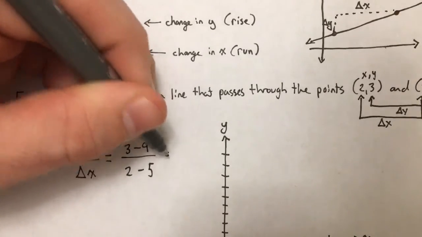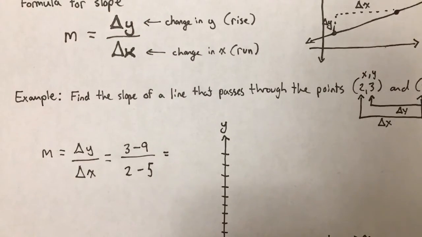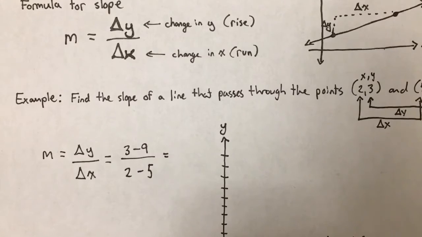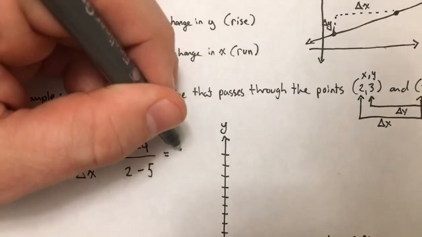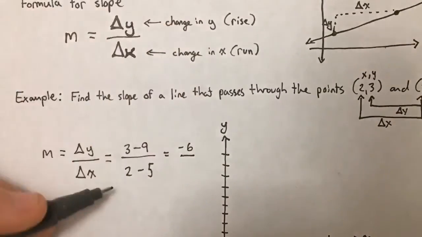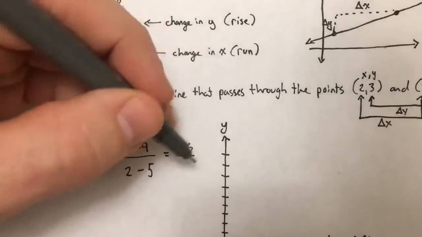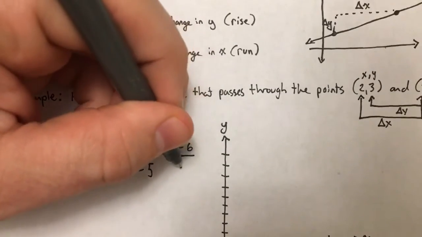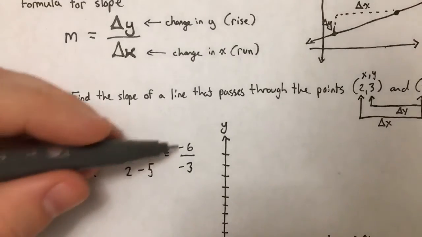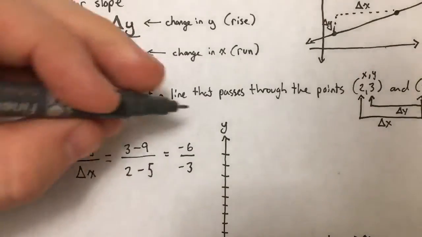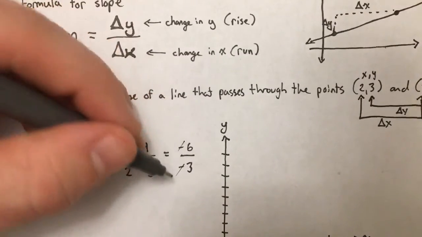So now, let's subtract this out. Well, 3 minus 9 is negative 6. And then 2 minus 5 is negative 3. Now, the negatives end up canceling each other out in this situation.